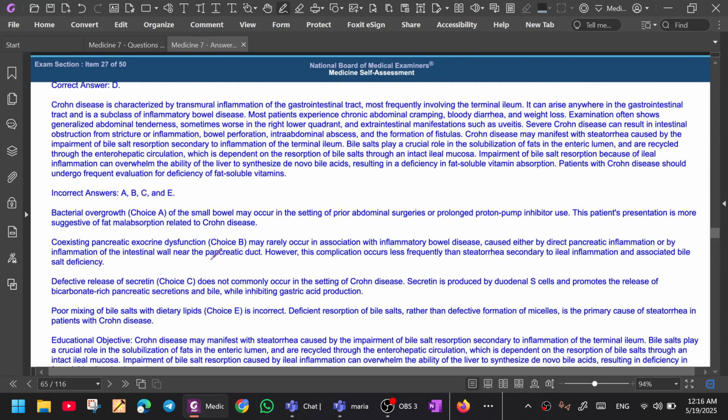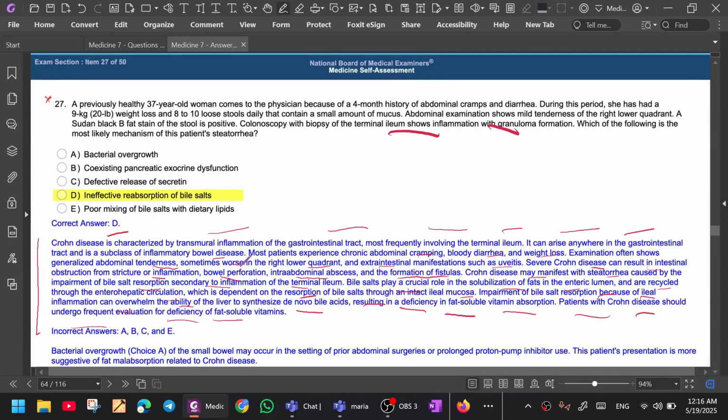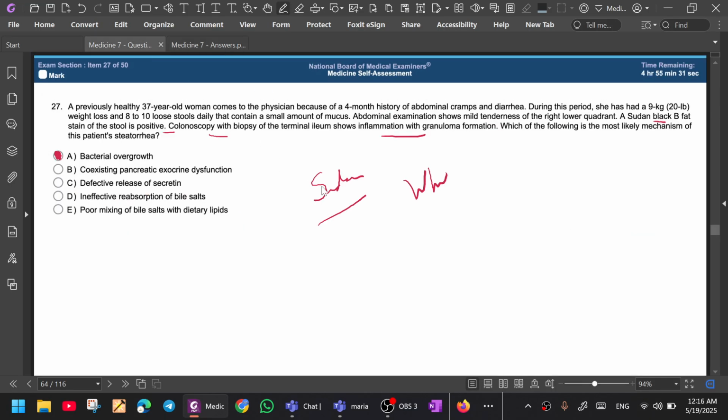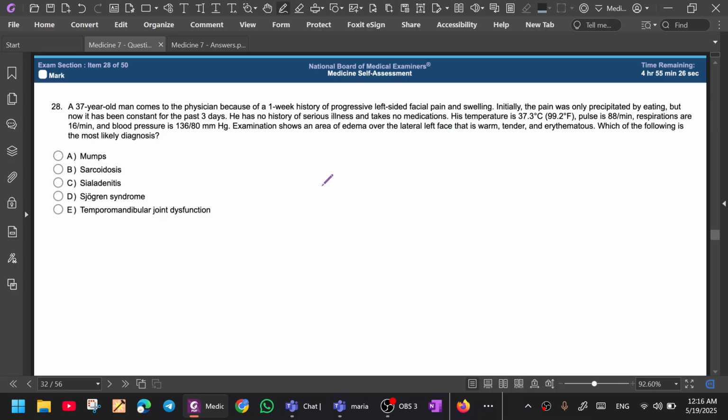A 37-year-old woman comes to the physician because of a 1 week history of progressive left-sided facial pain and swelling. Initially, the pain was only precipitated by eating, but now has been constant for the past 3 days. She has no history of serious illness and takes no medication. Temperature, pulse, respiration, and blood pressure are fine.